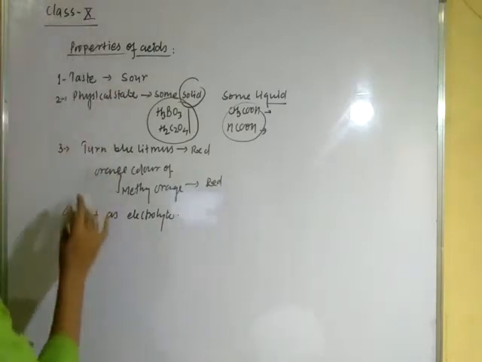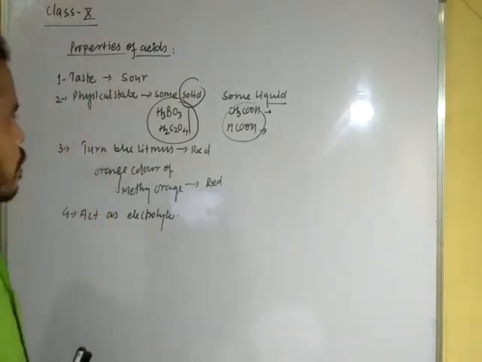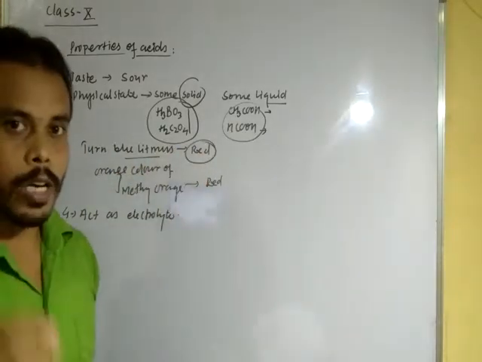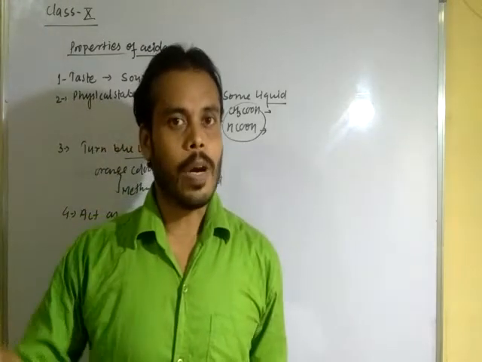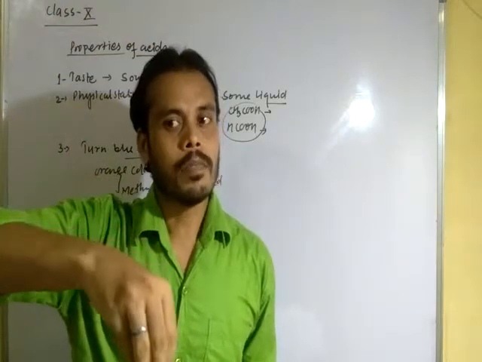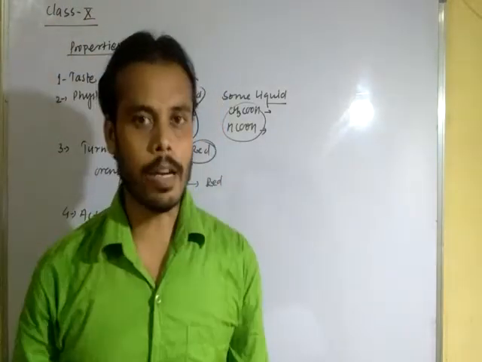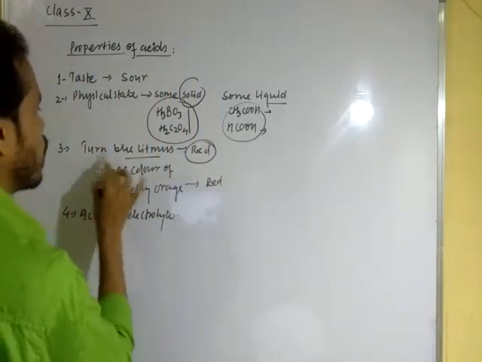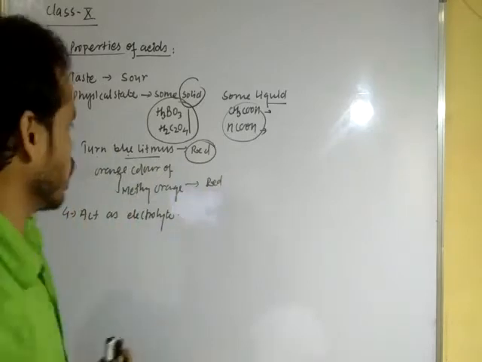Next one is: acids turn blue litmus into red. If blue litmus paper is dipped in an acidic medium, it turns red. So acids turn blue litmus into red.